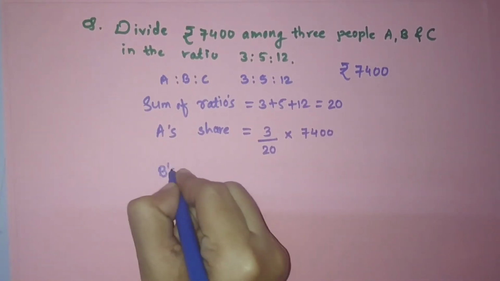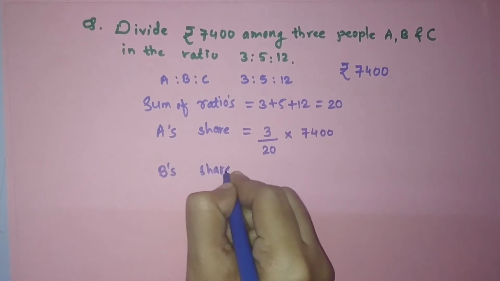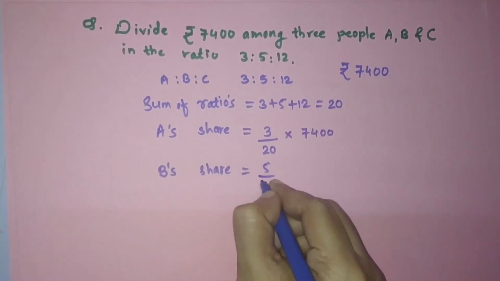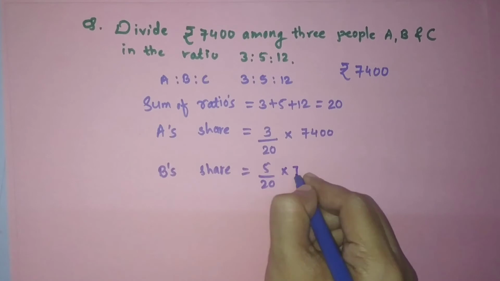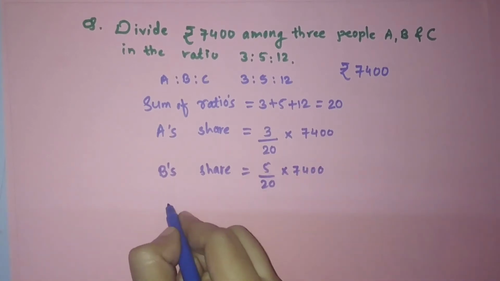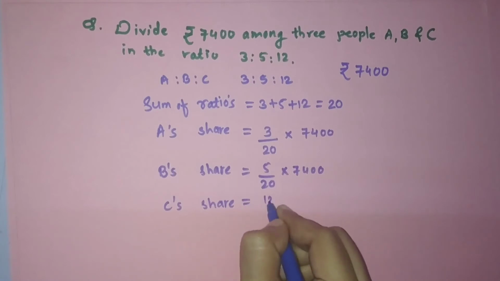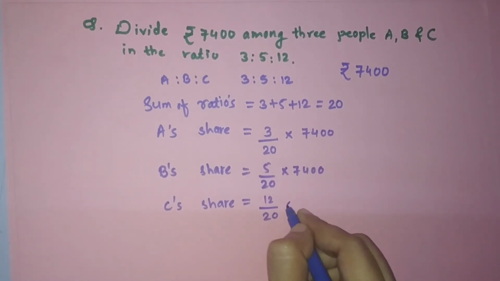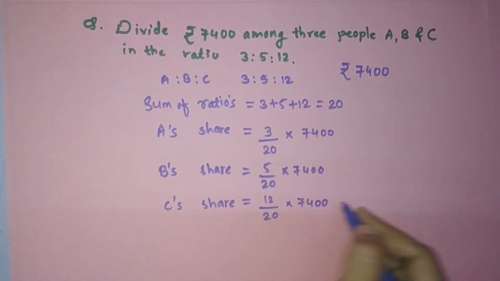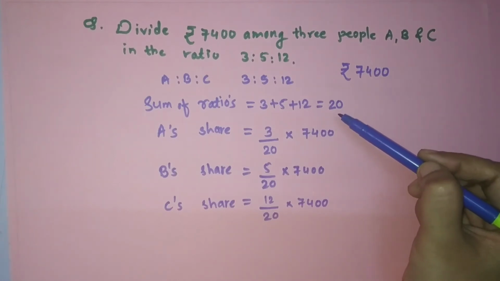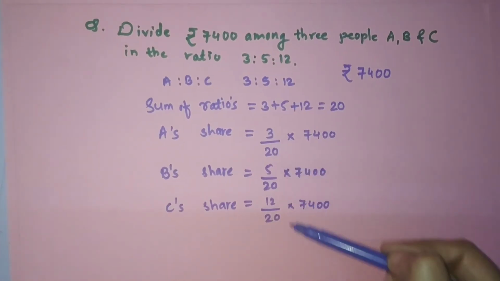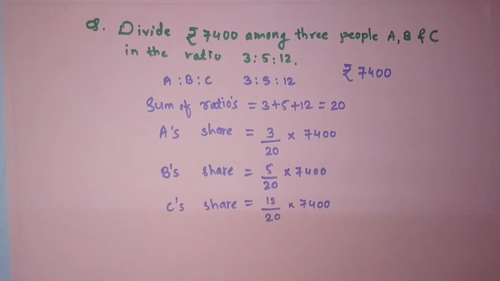In the same way B's share we will also write down. B's share is 5 by 20 into 7,400. In the same way C's share is going to equal 12 upon 20 multiplied by 7,400. So here we have taken the sum of ratios, then individual parts we are going to find out.